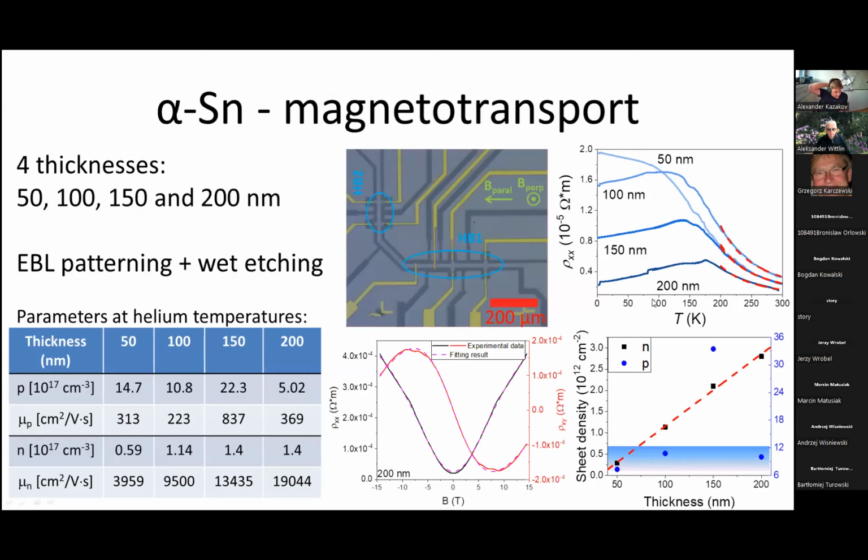For magnetotransport, we etched such L-shaped Hall bars to see the effect of the parallel field when it is aligned with the current and when it is perpendicular to the current. We used four different thicknesses: 50, 100, 150, and 200 nanometers.